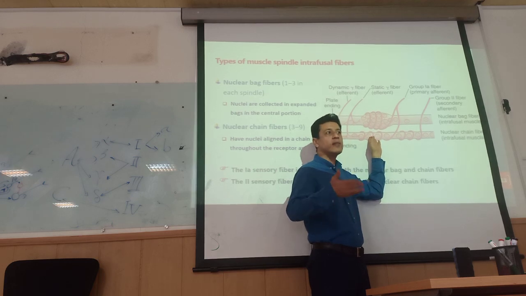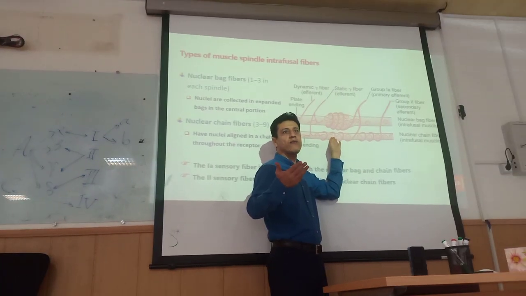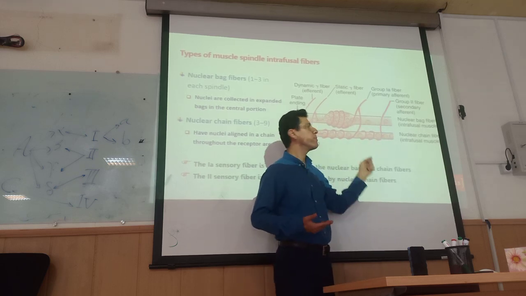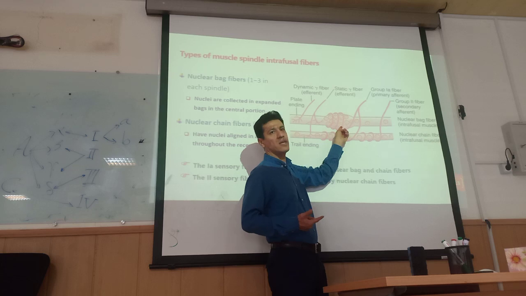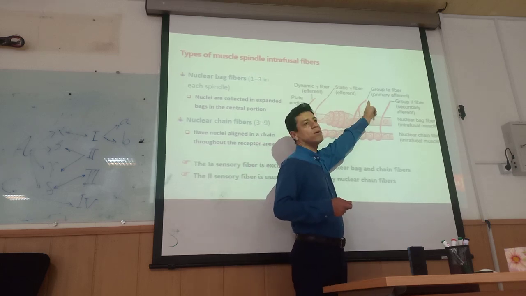Chain fibers generate the static response. The action potential is conveyed through 1A fibers and 2 fibers. But dynamic response from the nuclear bag is only transmitted through 1A fibers.